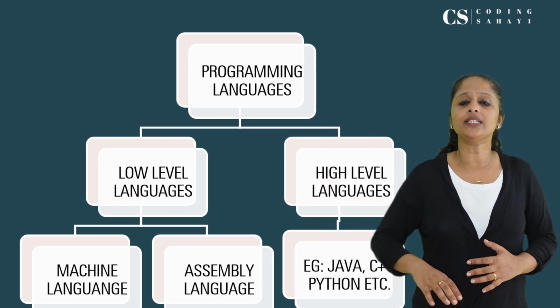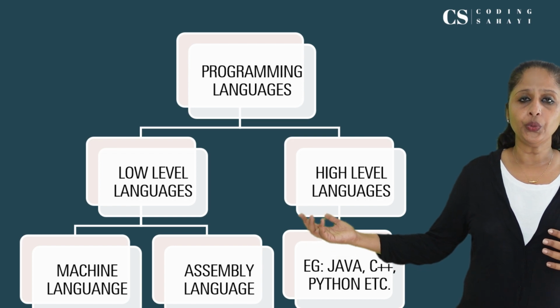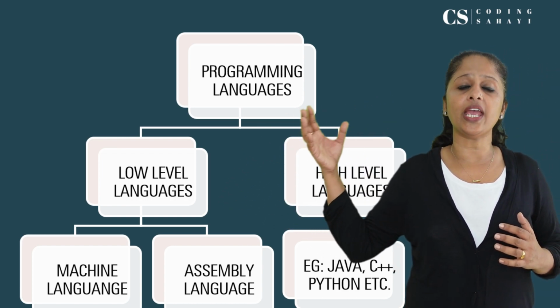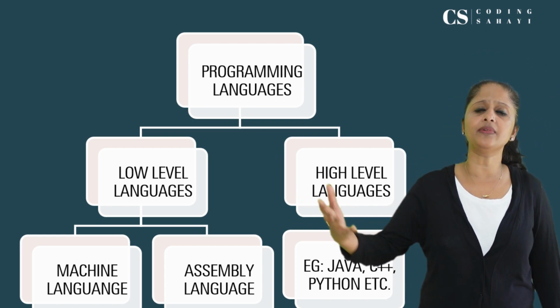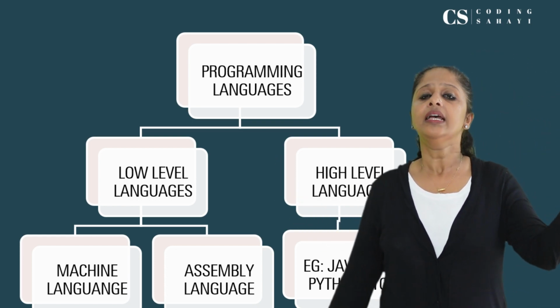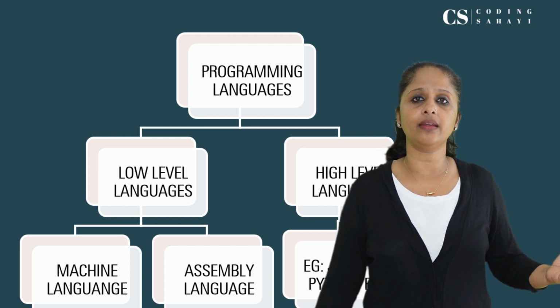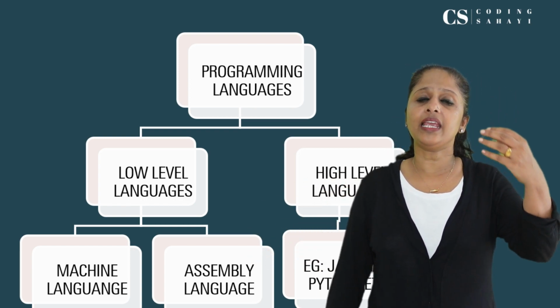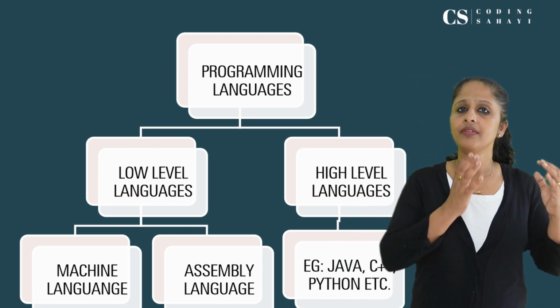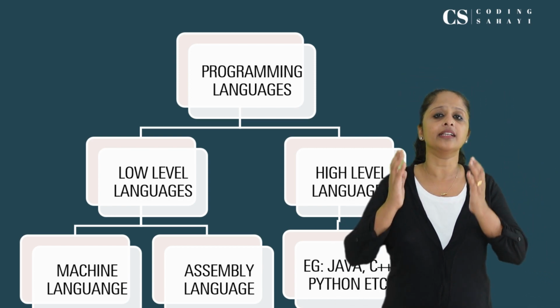The low-level languages again divided into two, that is machine language and assembly language. And the high-level languages, the examples of high-level languages are like C++, Java, Python, then .NET. So many programming languages are there. And same way low-level languages we have are machine language and assembly language.